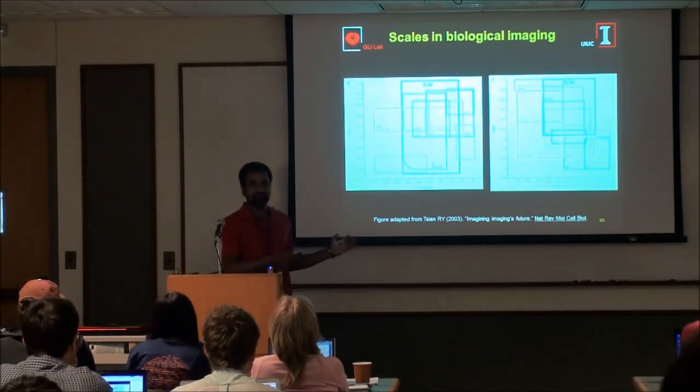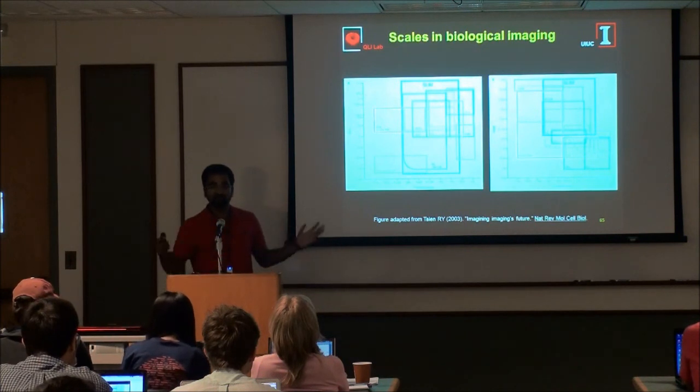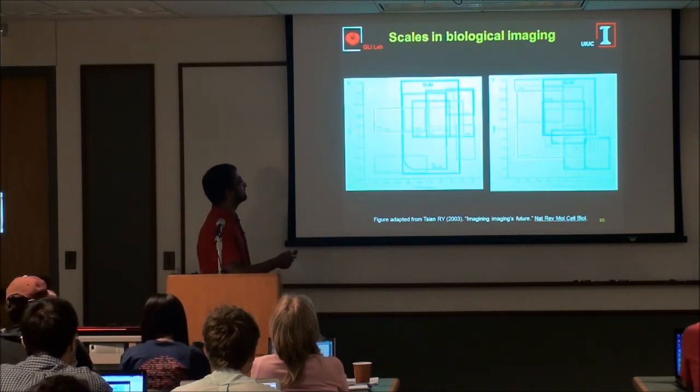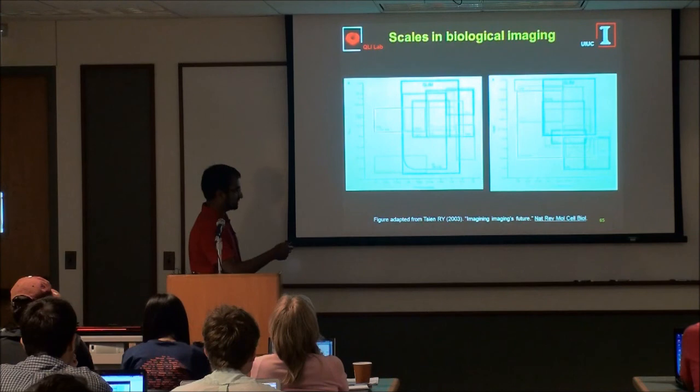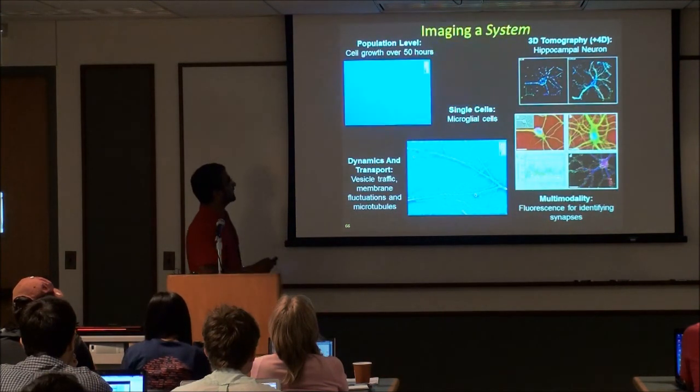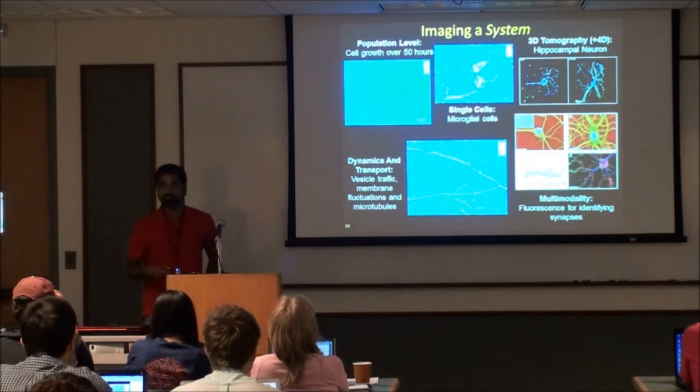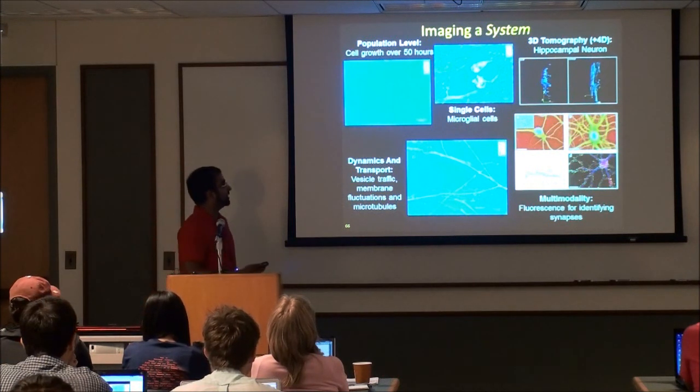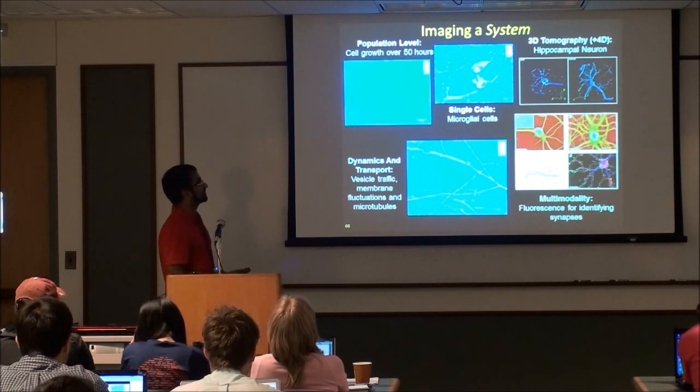The point of showing this slide is that we really have a huge dynamic range in terms of our temporal and spatial ranges. And what that enables us to do is to image a system, by which I mean a biological system.